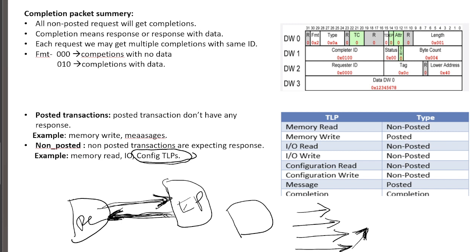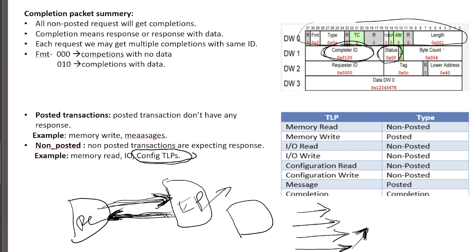In completions we have different types. The packet format is mostly similar to the TLP. The first dword is similar for all. In the second dword we have the completion ID. You send the request from the RC to the EP, and the completion also has an ID, so you have to replace it here. Then status: whether it is a correct packet, a bad packet, or an unsupported request packet.